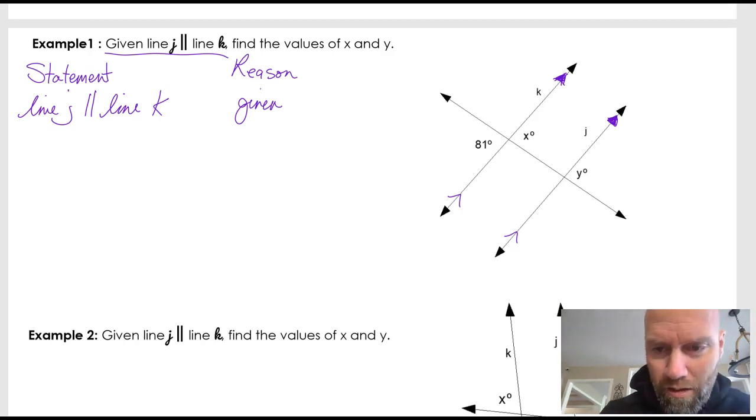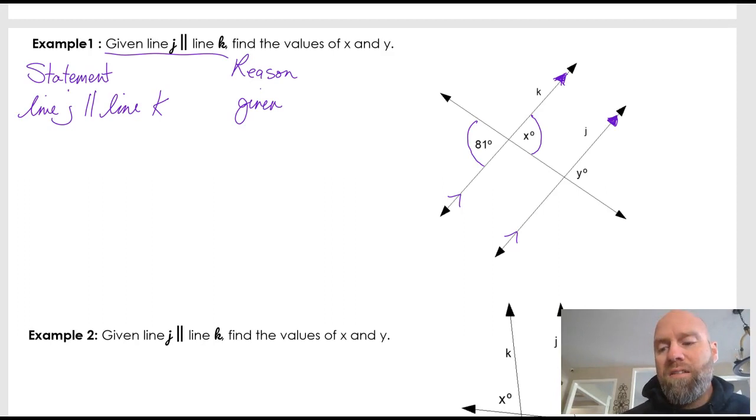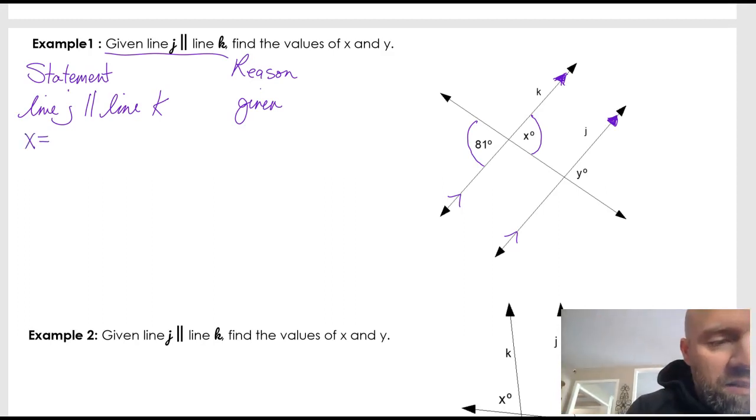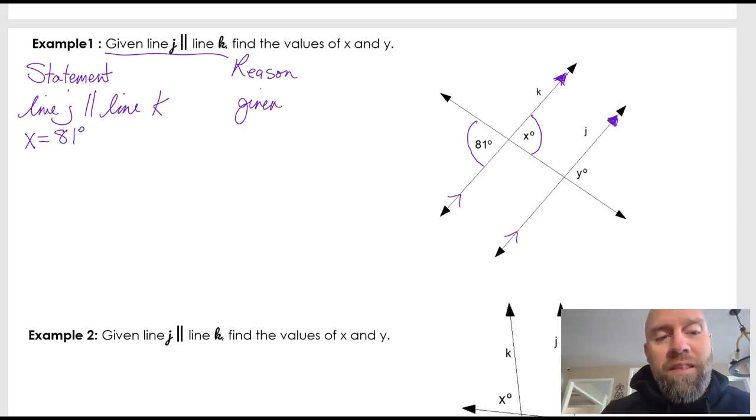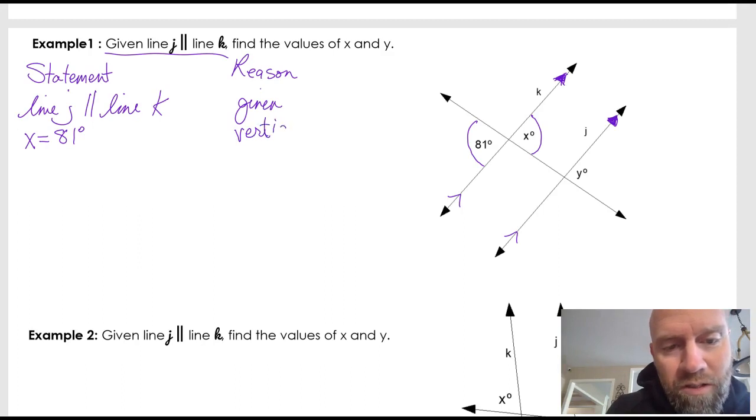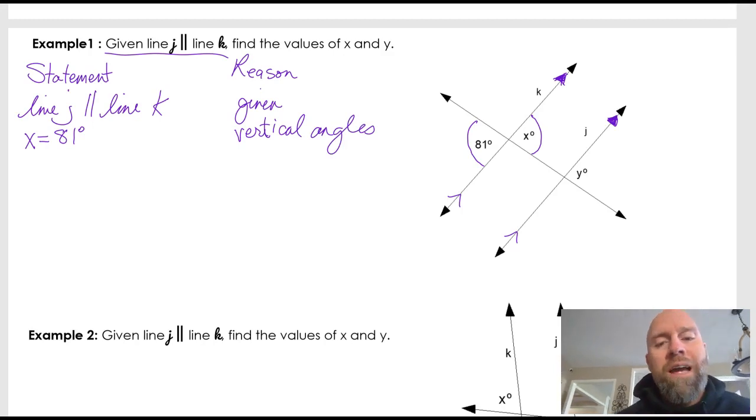So this angle here can be congruent to this angle here because of vertical angles. So I can say that X is equal to 81 degrees. All right. And the reason that I can say that X is equal to 81 degrees is because of vertical angles. Okay, so I can say that X is equal to 81 degrees because of vertical angles.